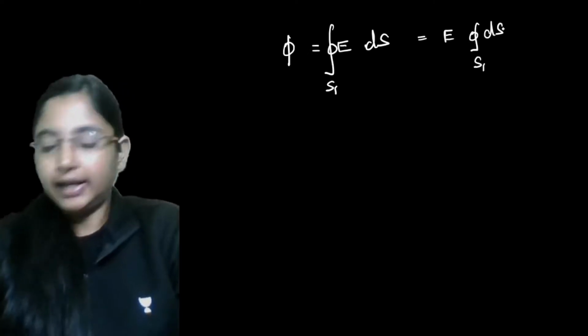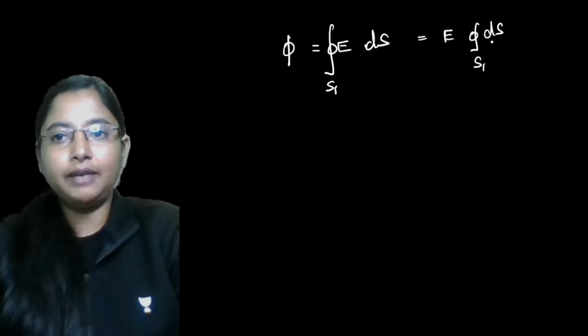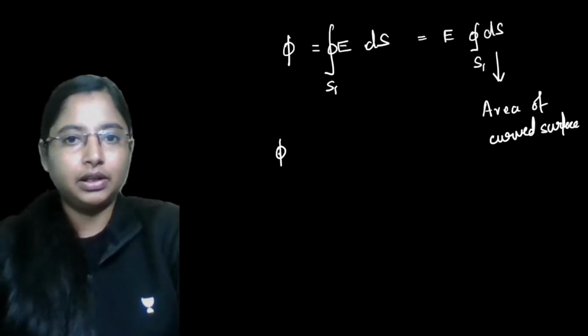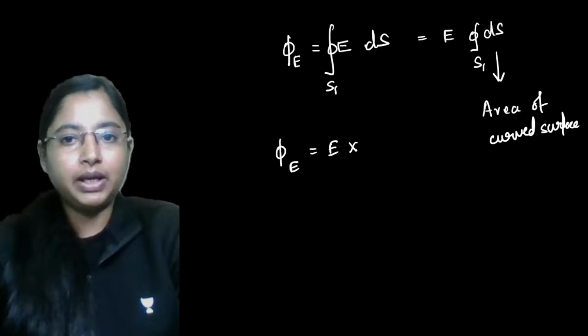What is integral S ds? Very simple. Integral S ds gives us the area of the curved surface of a cylinder. What is the area of the curved surface of a cylinder here? It is equal to 2 pi times the radius of the cylinder times the complete length of the cylinder.